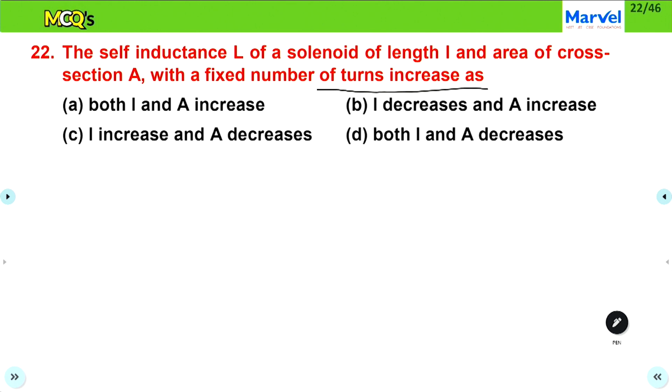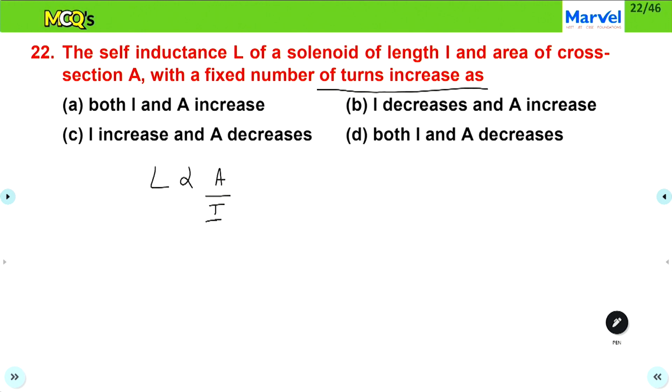This is a direct problem, where the self-induction of the solenoid is directly proportional to A and inversely proportional to l.